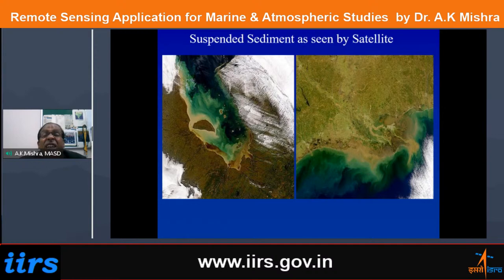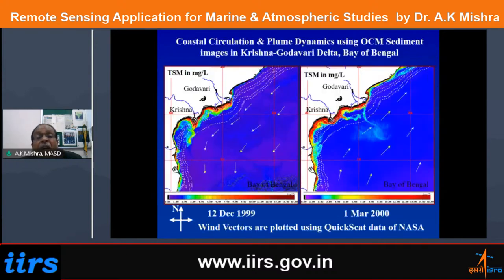And these are the suspended sediments seen by other satellites. This is the true color image, and you can see the pattern of suspended sediment concentration confined to the coastal area. And this is the coastal circulation and plume dynamics as observed by OceanSat-1 data, with QuikSCAT data superimposed, showing how the sediment pattern is affected by the wind direction.